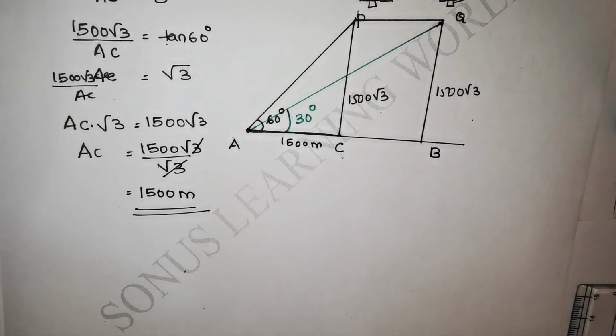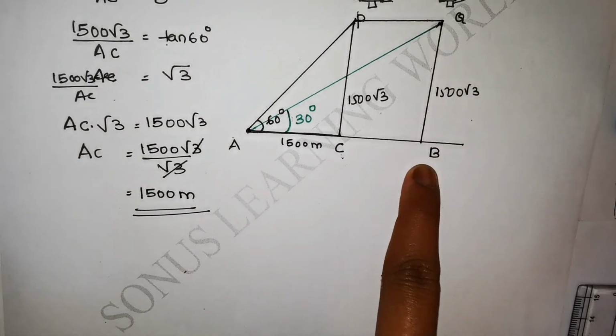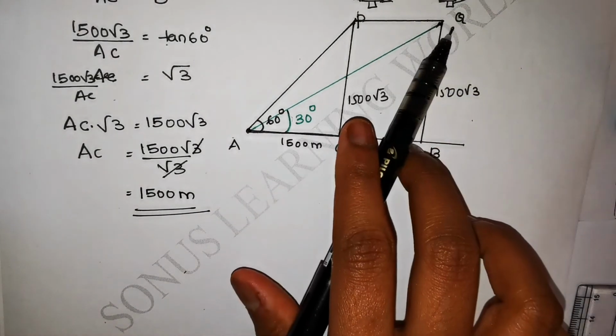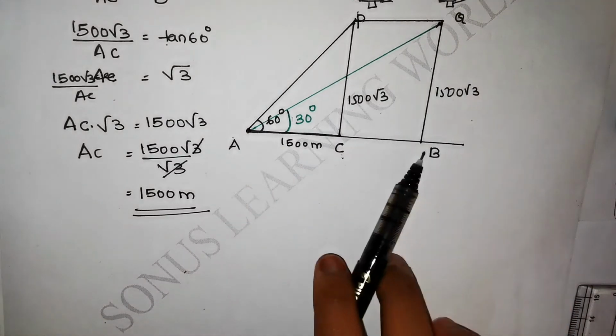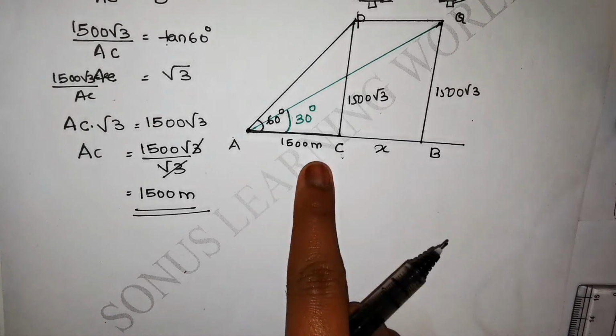So next, which triangle can we take next? Next we can take the triangle AQB. Okay students, when we take the triangle AQB, let this be x. So the base will become 1500 plus x.